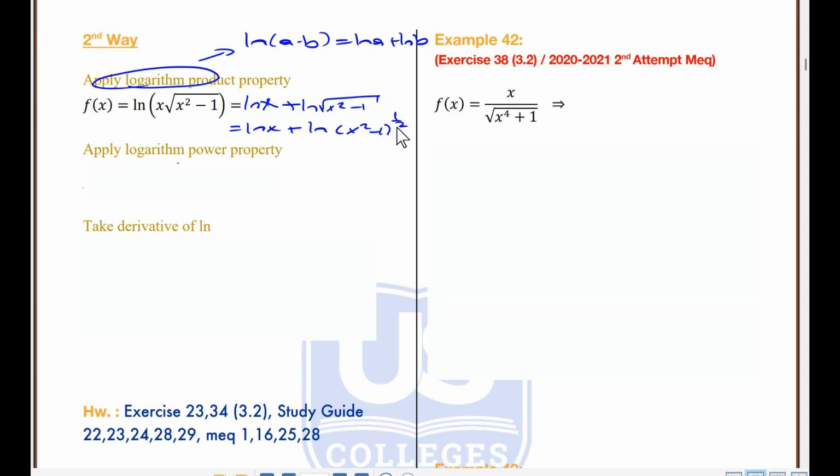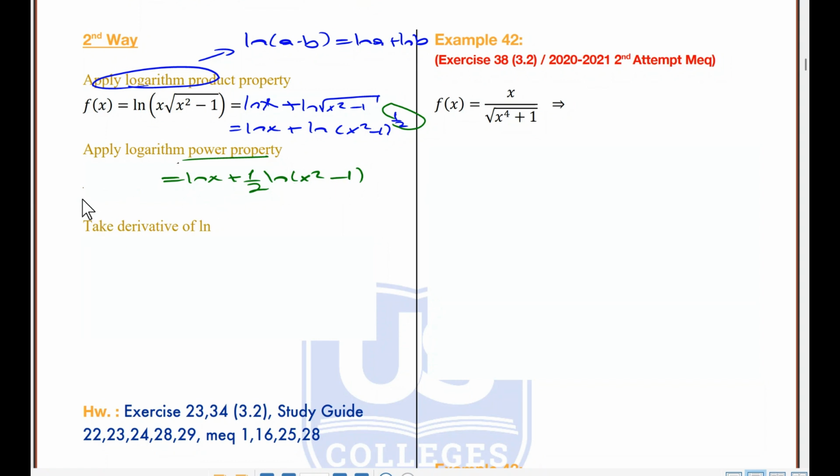Now, we also solved a similar question before. We have a power of angle in the logarithm, so we can bring that power down in front. So we apply power property of logarithm. So it's ln x plus 1 over 2 out in front, ln x squared minus 1. So now I got my function in simplest form.